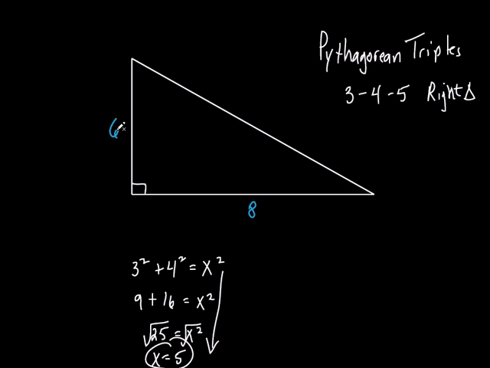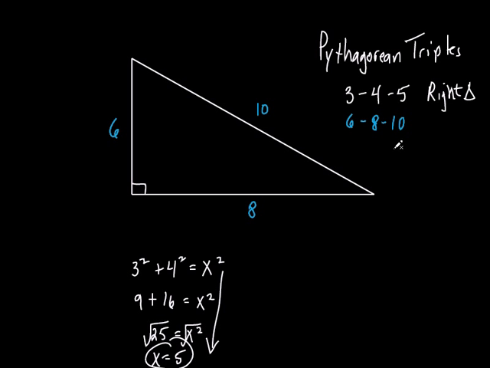Because look at this. 6 is twice as big as 3. 8 is twice as big as 4. So guess what this is going to be? This is going to be twice as big as what? 5. And what's twice as big as 5? That would be 10. So a 6, 8, 10, right? Oops. Got a little ahead of myself. So that would be 6, 8, 10.